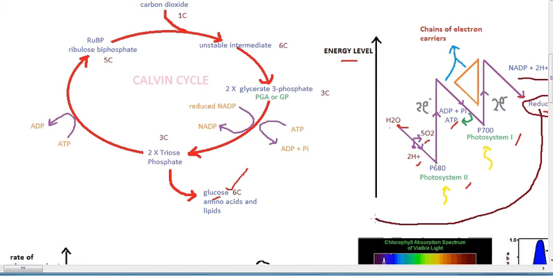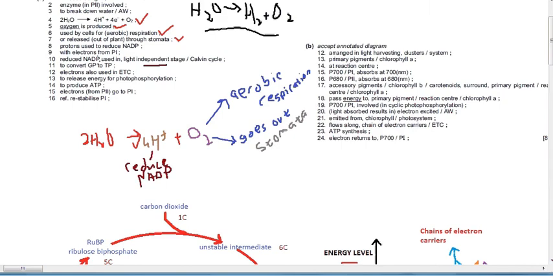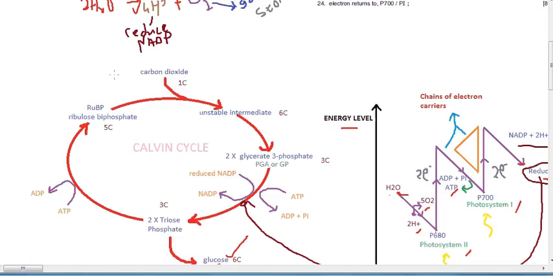So you have to mention also that the reduced NADP is used in the light independent stage to convert GP to TP, glycerate phosphate to triose phosphate. So you can just mention GP and TP.